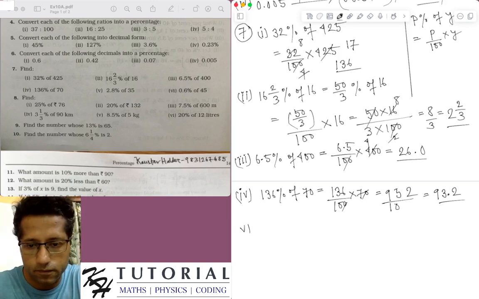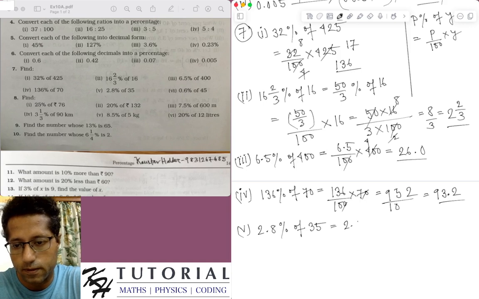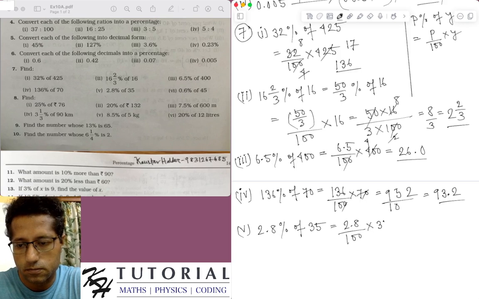Part 5, it says 2.8 percentage of 35. This is equal to 2.8 divided by 100 into 35.